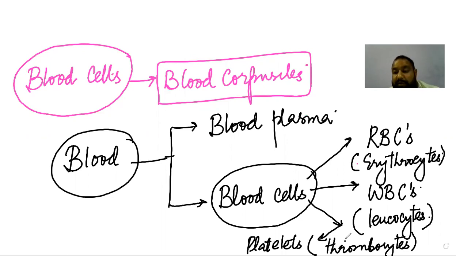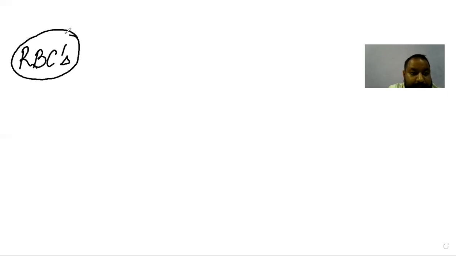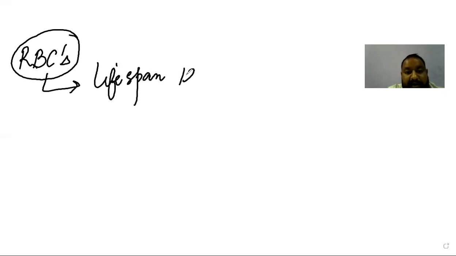First, we'll be talking about the RBCs. RBCs, also known as erythrocytes, their lifespan is around 120 days.